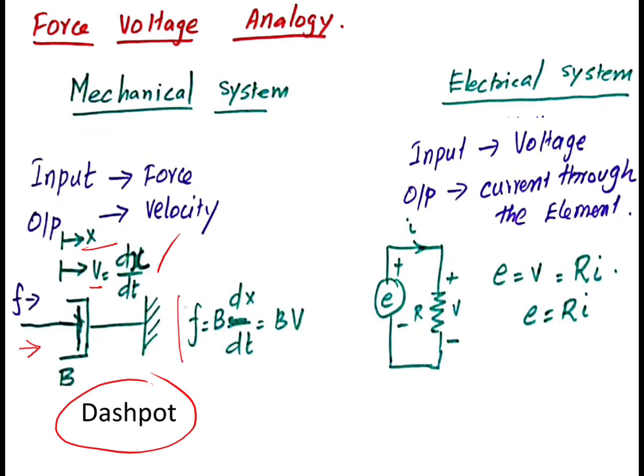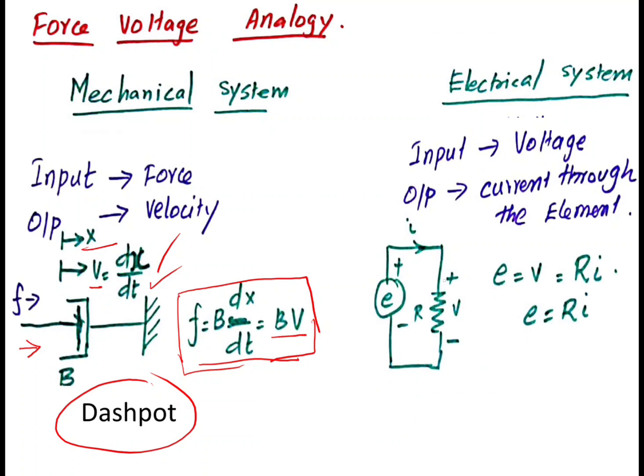The force balance equation is F is equal to B into dx by dt, which can be written as F is equal to B into V, because V is equal to dx by dt.